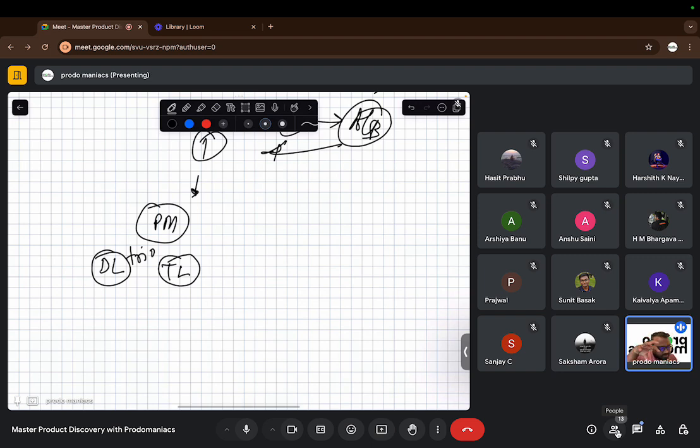So the product manager has to work with design and tech, and figure out what is the best for your product. Okay. Then only it gets into your building stage. You can't just put everything into development. You go through the design process. Okay. And that is where you work with designers.